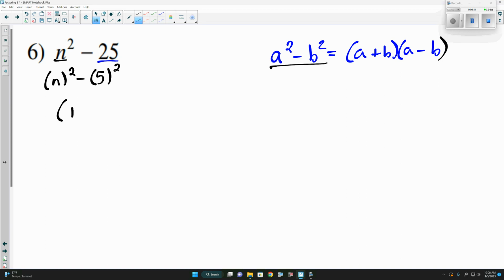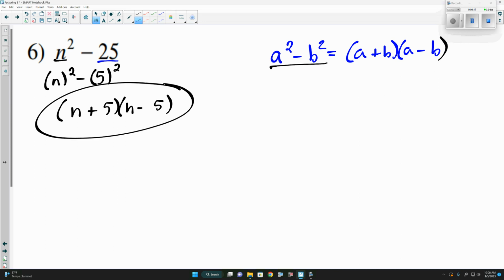So we're saying that this is n plus 5 times n minus 5. And I think that's why y'all like these more than the rest, because once we figured out what a and b are, it's one of the easiest ones to do. Questions on number 6? Are you ready for the next one?